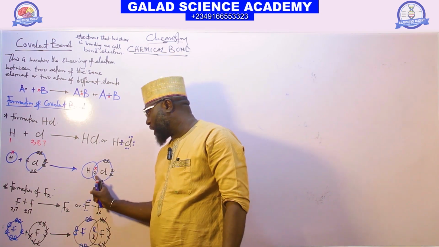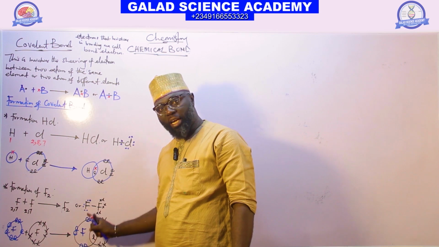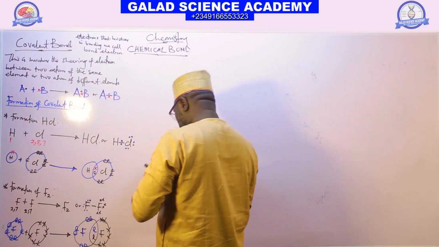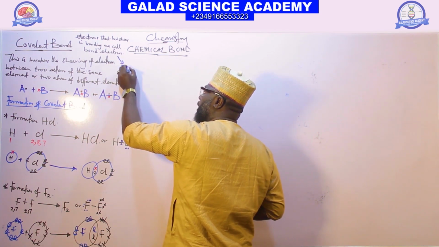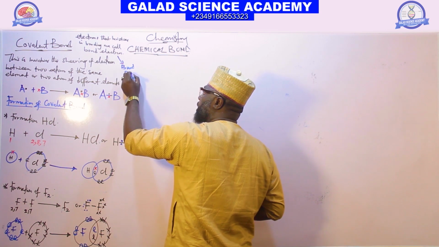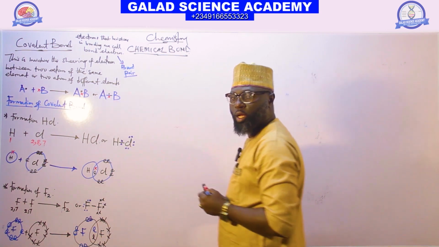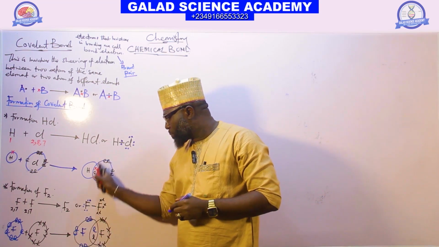Here, how many bond electrons do we have? We call it a bond pair. Please note it. But all these electrons here, which are not participating in bonding, we call them lone pair.